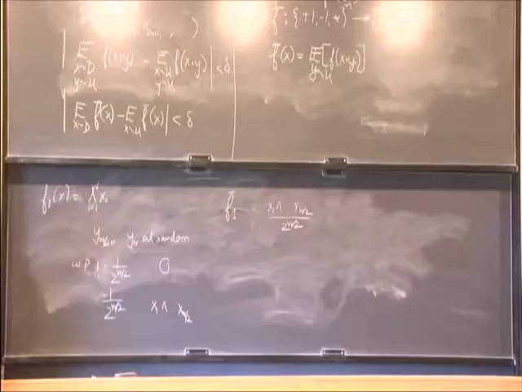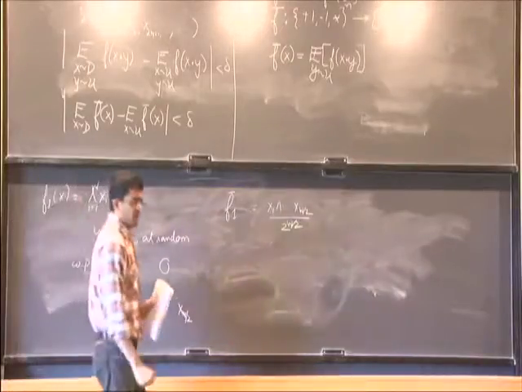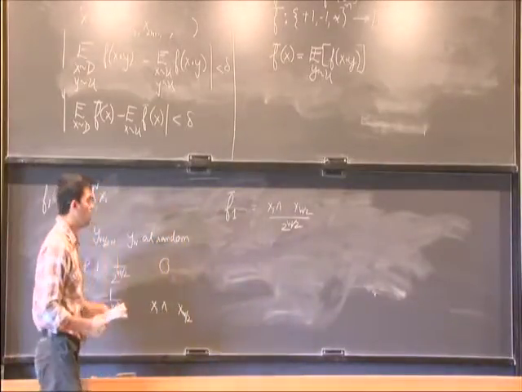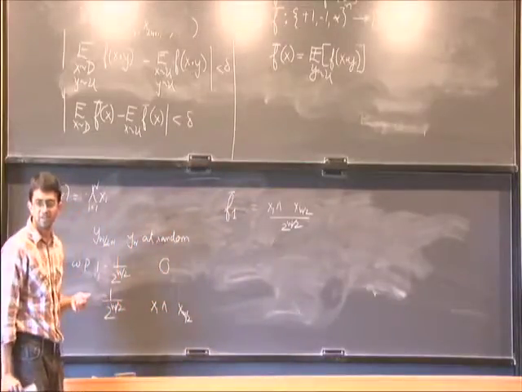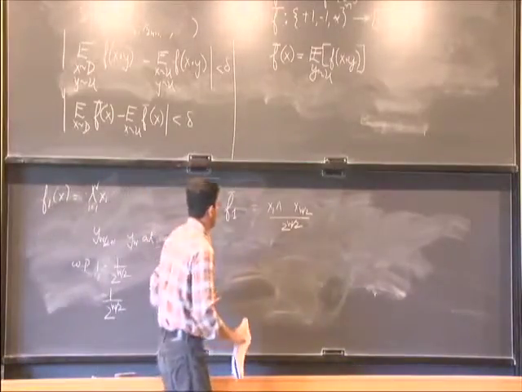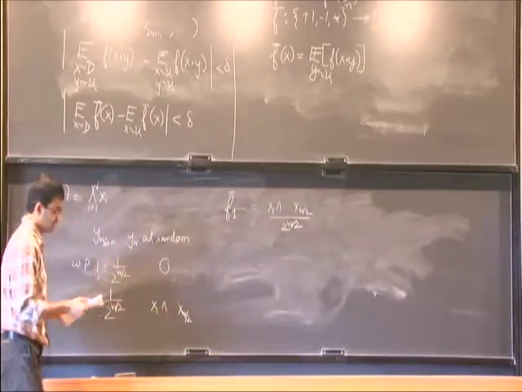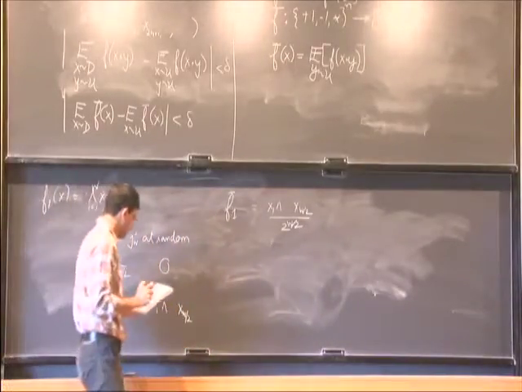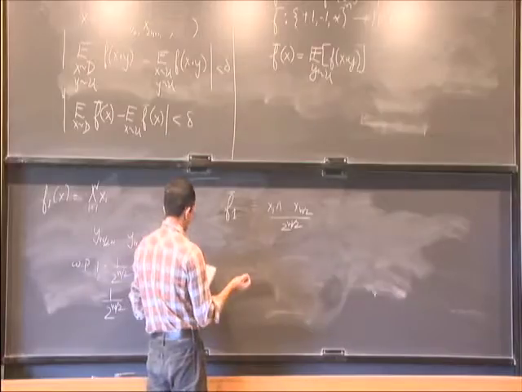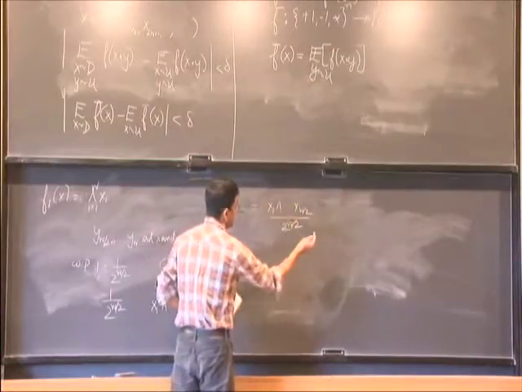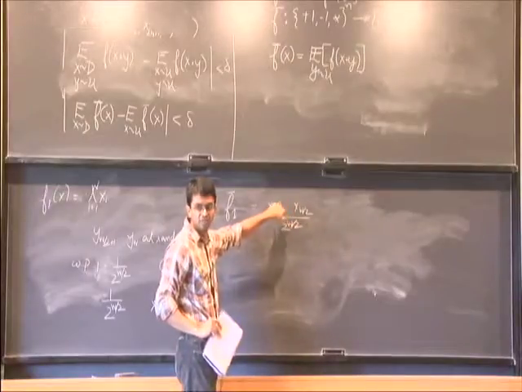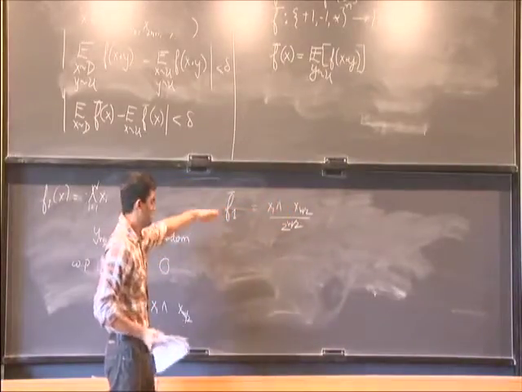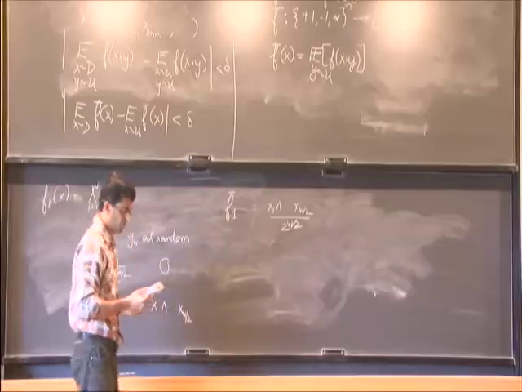So what is this now as a function of x's? It's a random variable. I took the expectation, and this is the right thing to do. Let's do some computation here. With probability 1 over 2 raised to w over 2, this thing will actually be 1, and the rest of the time it's just going to be 0.